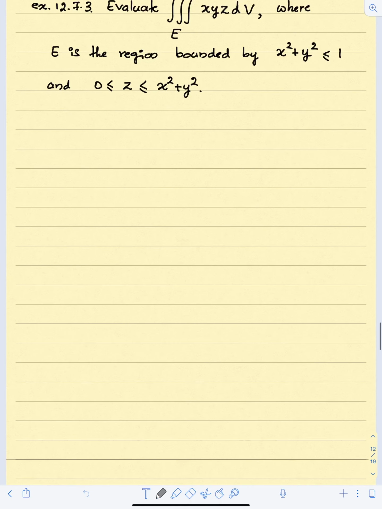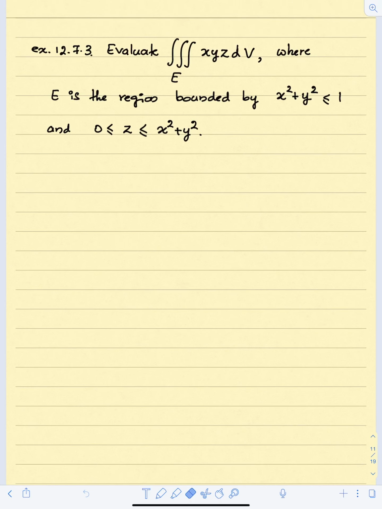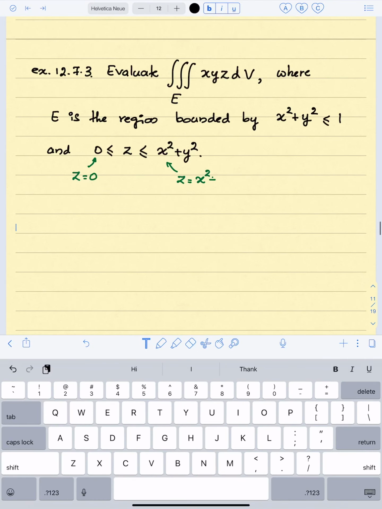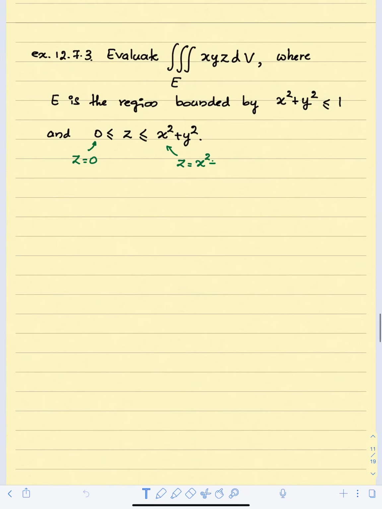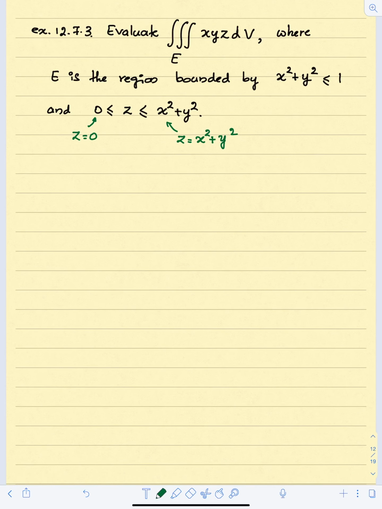Let's draw this one. Let's draw the domain E. This one is z equals 0. That's the lower boundary. Upper boundary is z equals x squared plus y squared, which is a circular paraboloid.